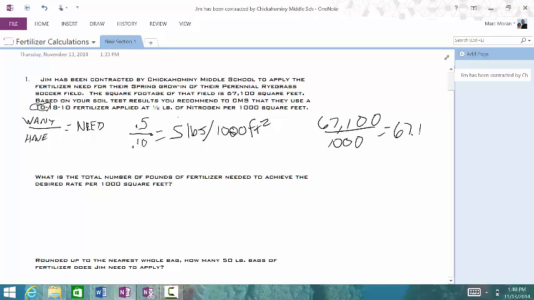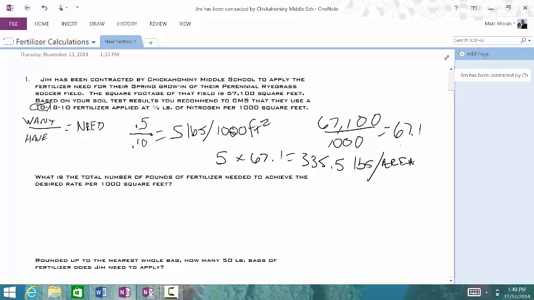So I take the 5 pounds per 1,000, multiply that by 67.1, and when I get 67.1 times 5, punch that into the calculator. Calculator tells me that I get 335.5 pounds. Okay, and I always just do per area.